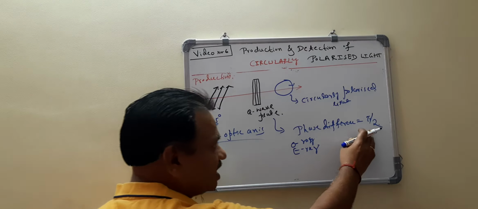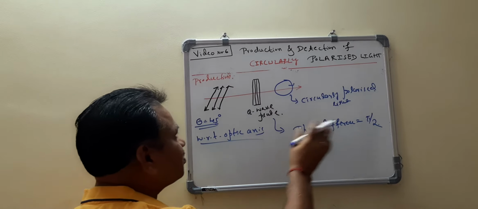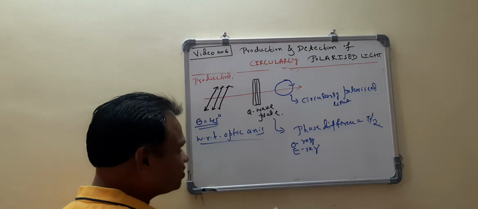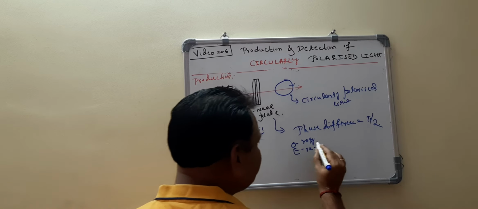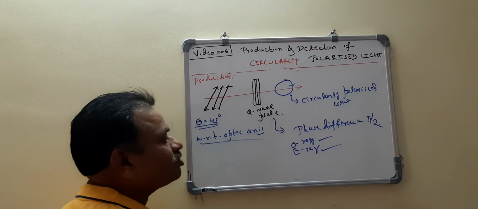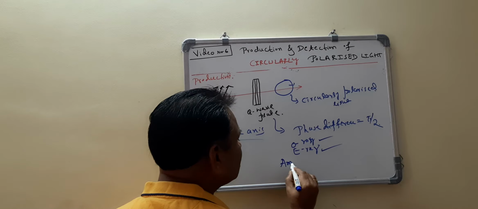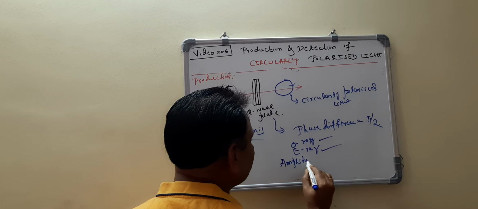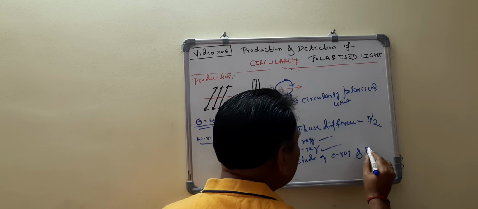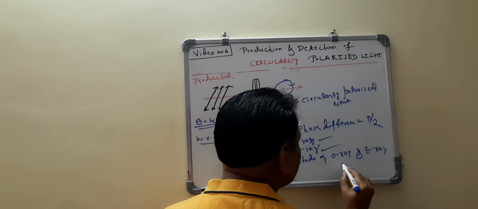Here it is 90 degrees, and you halve it, so it becomes 45 degrees. Also, in the case of circularly polarized light, the amplitudes of the O ray and the E ray are the same.